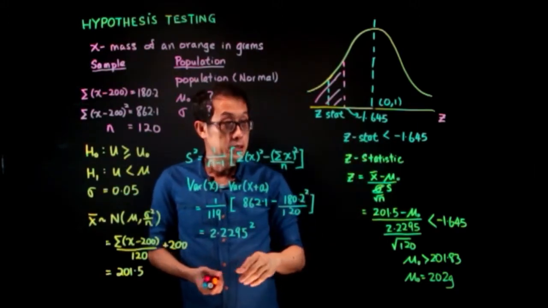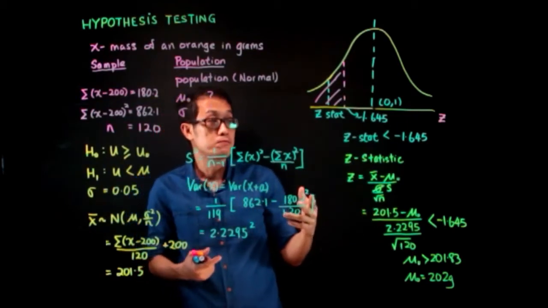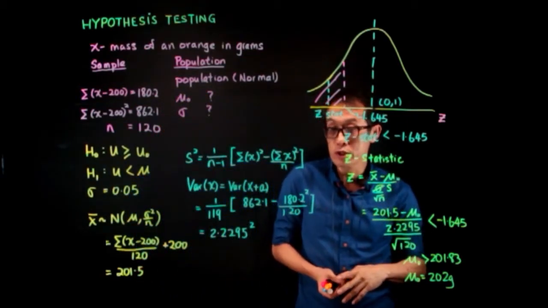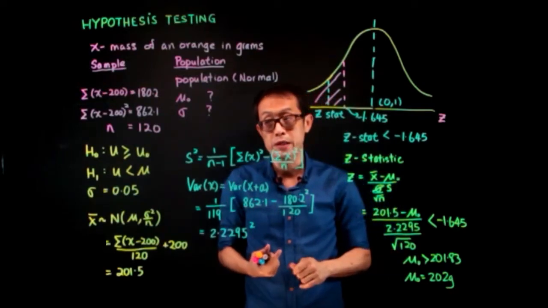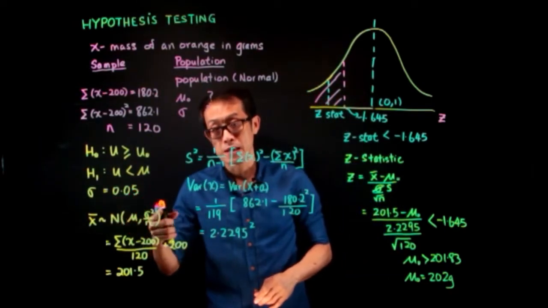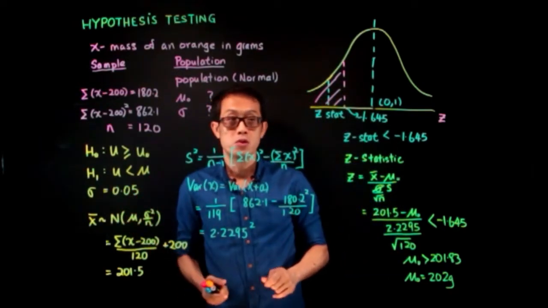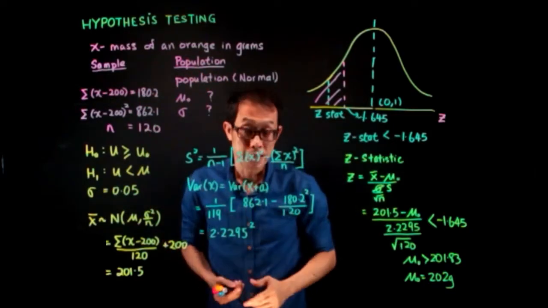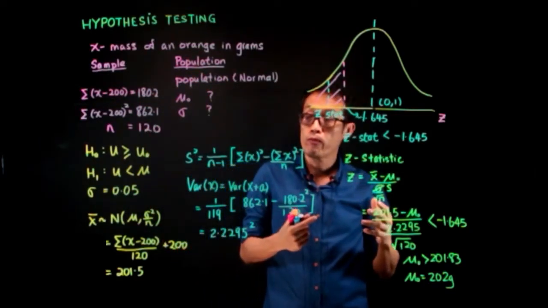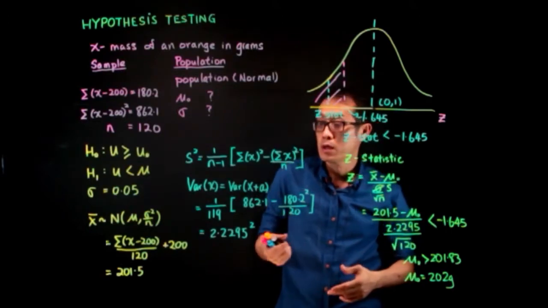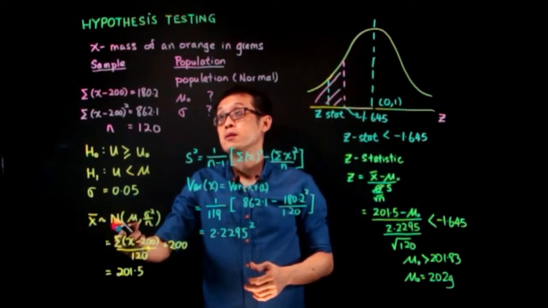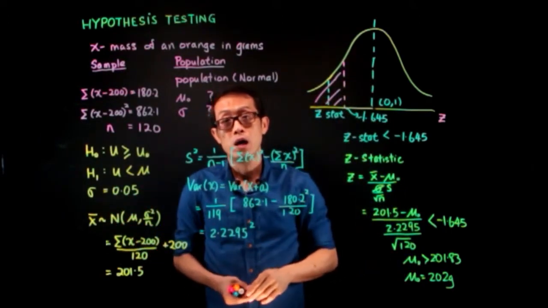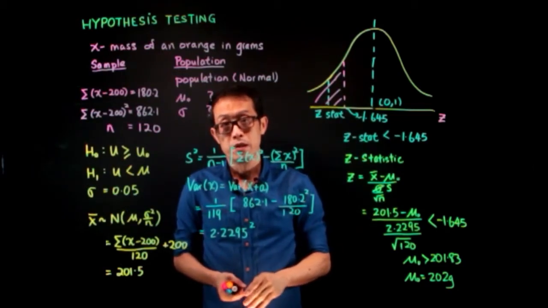Now, can we use a t distribution to do this? Yes, in fact, it is more accurate. Because sigma is unknown, we use the t distribution, but your sample size is huge, so your distribution will be close to a normal distribution. Now let me show you.